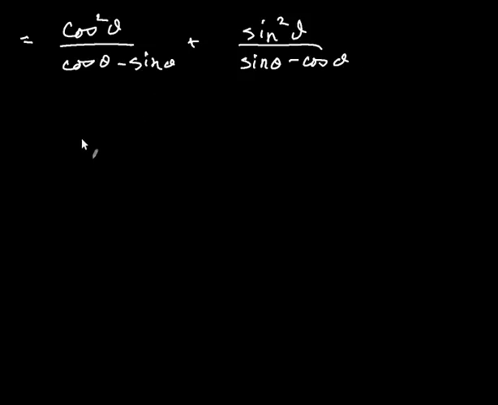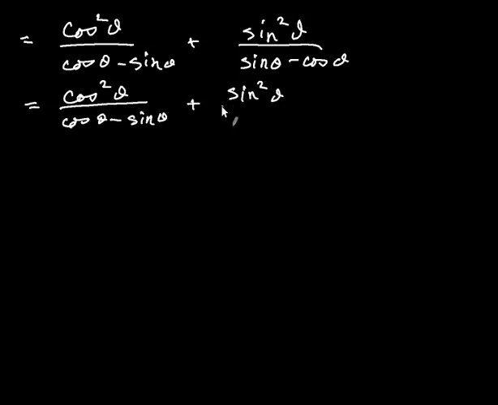Now, like I was mentioning, we're going to change the order of these, and that's going to bring us a factor of -1. So cosine squared theta divided by cosine theta minus sine theta, plus sine squared theta over -1 times cosine theta minus sine theta.